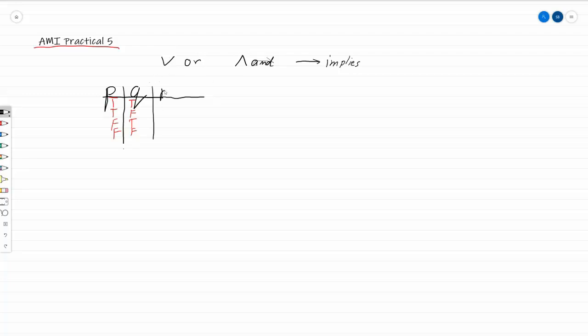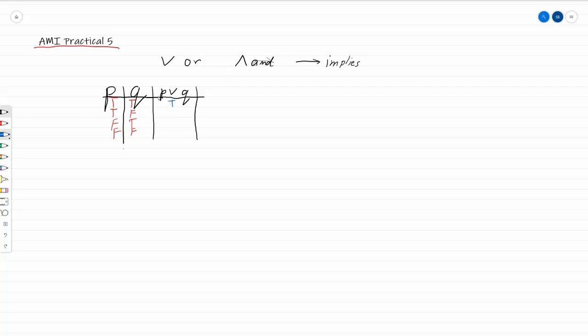So we can have P or Q, and so that one should be pretty easy to work out. In this case, simply, if this one is true or this one is true, it is true. So in the case of true and true, true or true, that evaluates to true.